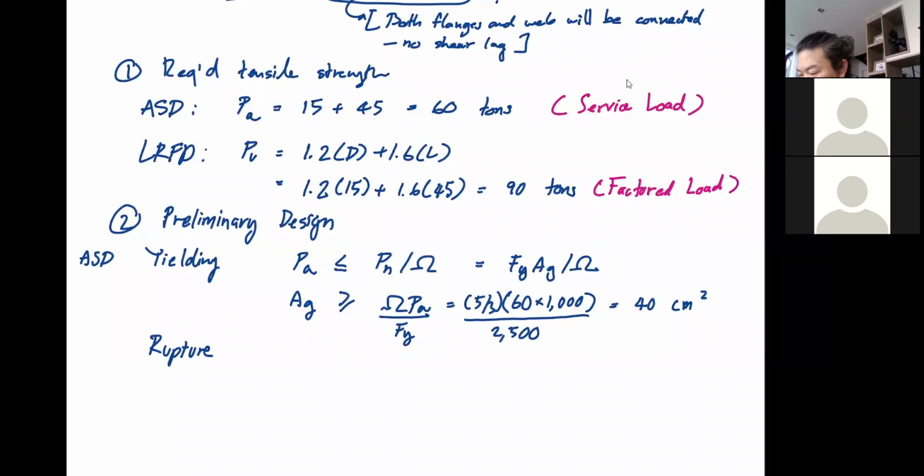I can say my AG should be greater than or equal to the factor of safety multiplied by PA divided by FU. But you have to be mindful that this is rupture, so the factor of safety here is going to be equal to 2.